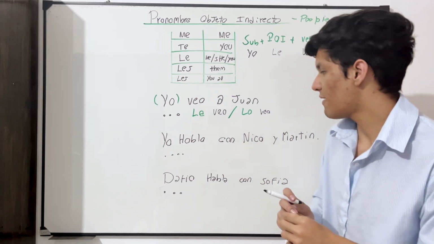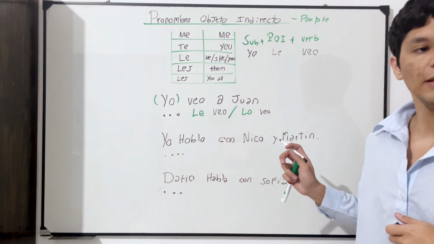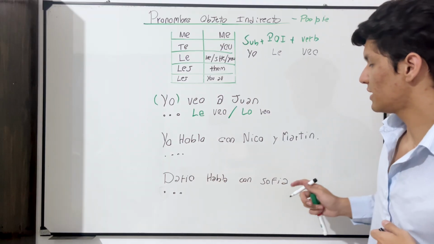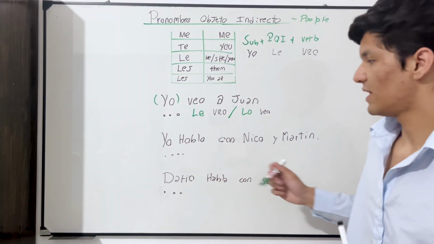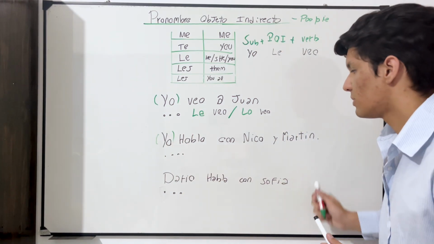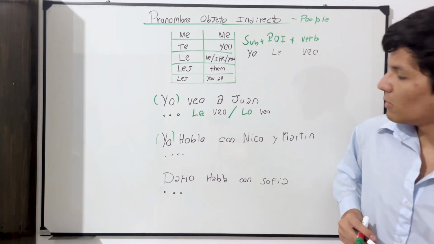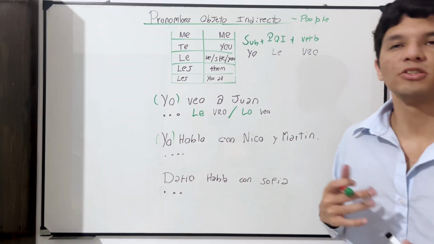Then we have the second example: yo hablo con Nico y Martina. I speak with Nico and Martina. The same here, we can skip yo, and we just say hablo con Nico y Martina. In this case, you could say, I talk with them.